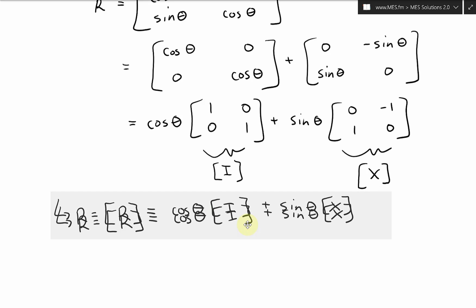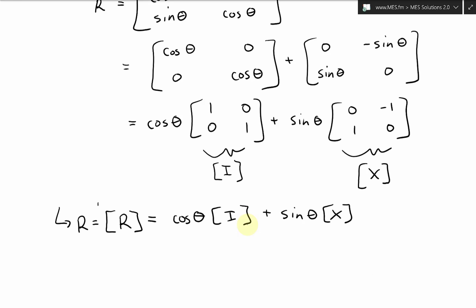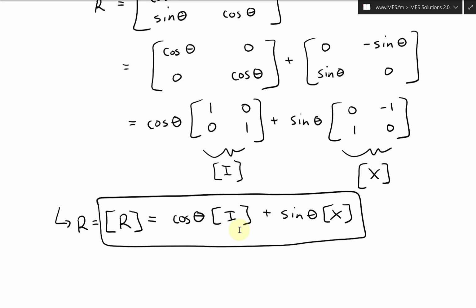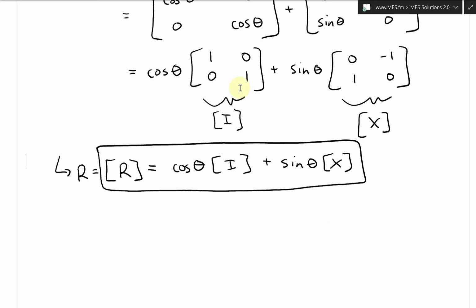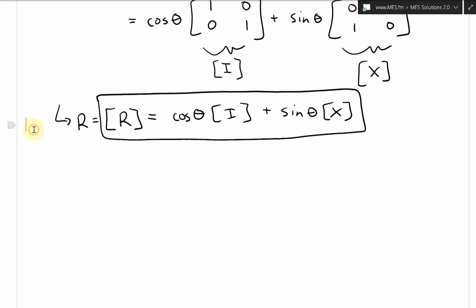I'm going to box this out. So we have the rotation matrix equals cosine theta times this I matrix, called the identity matrix, plus sine theta times this X matrix. This one is identity because it's 1 across the diagonal. This one has a negative 1 there. That has interesting properties, so let's go further.